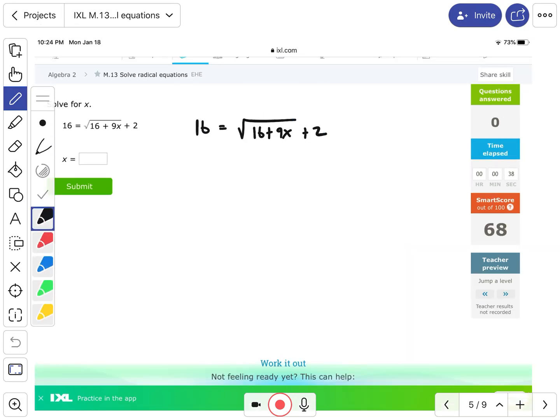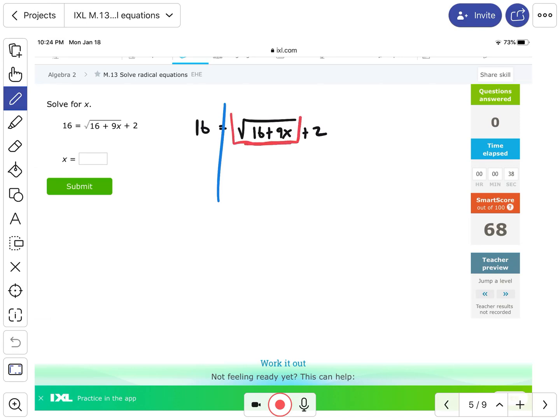Okay. I think this is the last one. But yeah, just the same principle. You want to make sure you identify where the square root is, the radical. All this stuff is the radicand. You want all this by itself. And so whatever is with it, since this is on the right side, you're looking at this. This needs to move away from the right side and come over here.